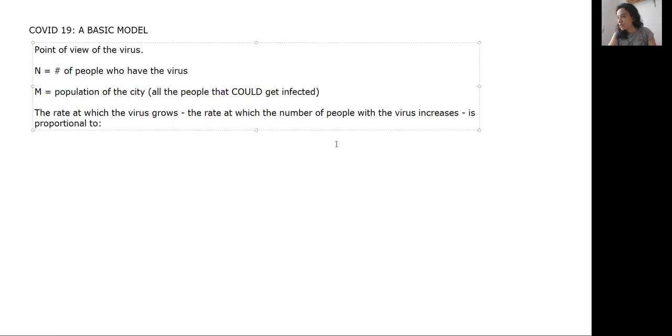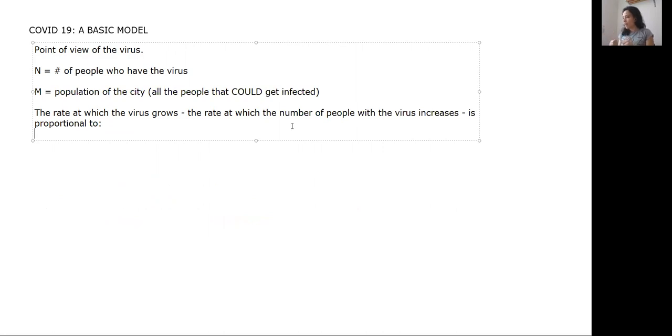So first, it's going to be proportional to the number of people that have the virus, right? Because if there's very few people that have the virus, it's not going to spread very fast. Whereas if there's a lot of people that have the virus, then chances are that the number of people that get it is going to be increasing really fast.